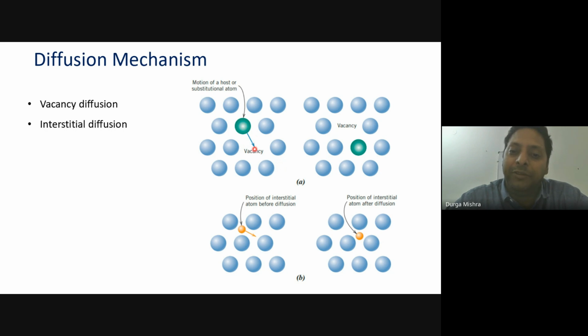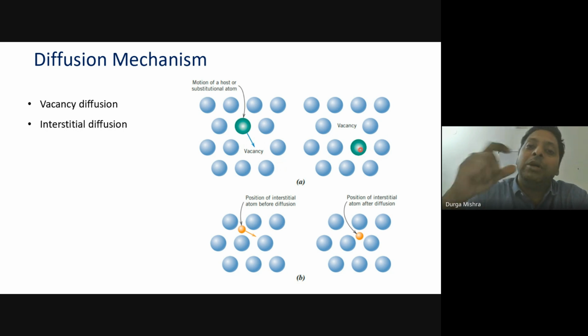It can diffuse in any direction depending on where the vacancy is created. In this diffusion process, a vacancy moves here and atom B moves here. Now this atom can probably move again, so a vacancy will be created nearby, and then this atom can move or diffuse.